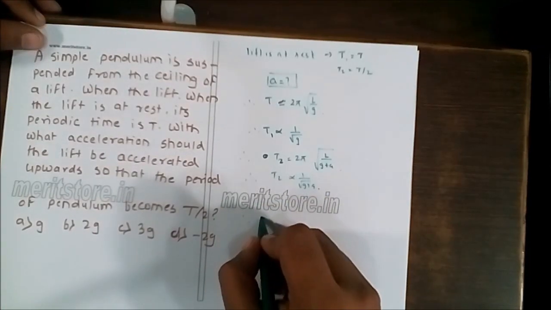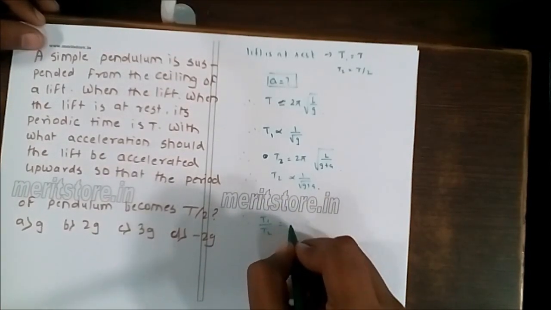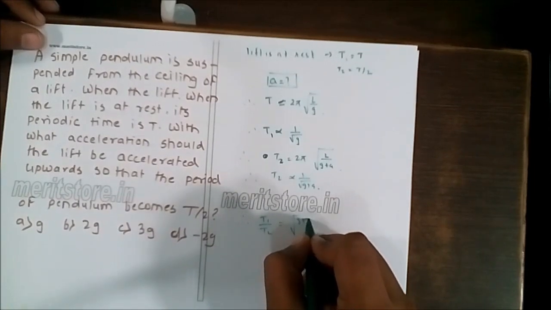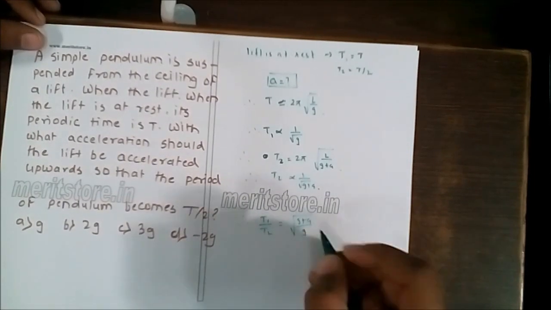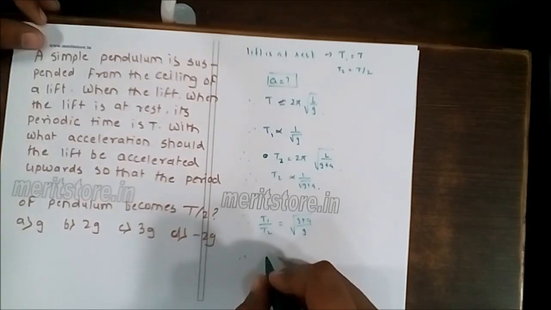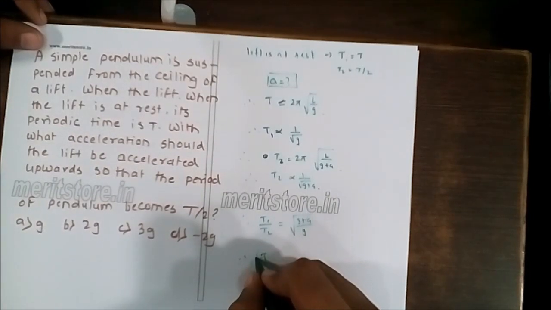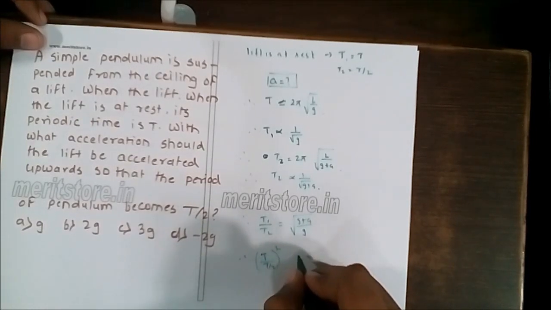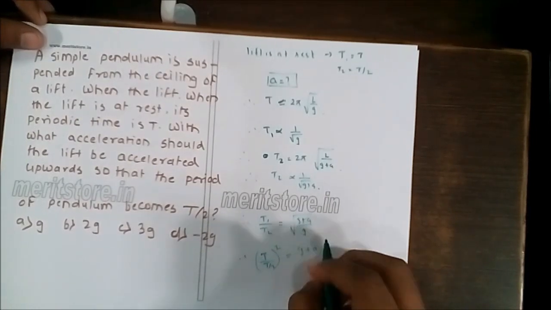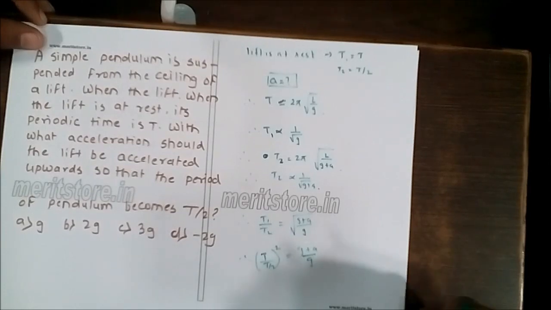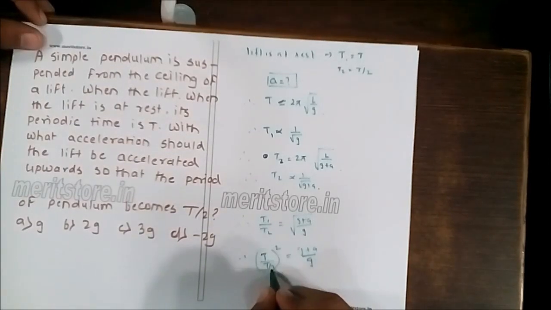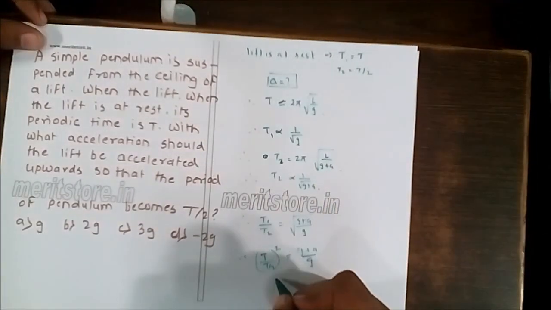So on taking the ratio, I would get T1 by T2 is equal to under root of g plus a by g. On squaring both sides, I would get T upon T by 2, the whole square, is equal to g plus a upon g.